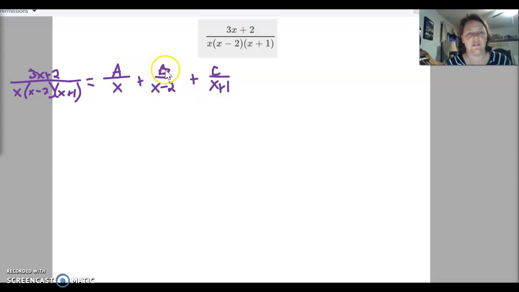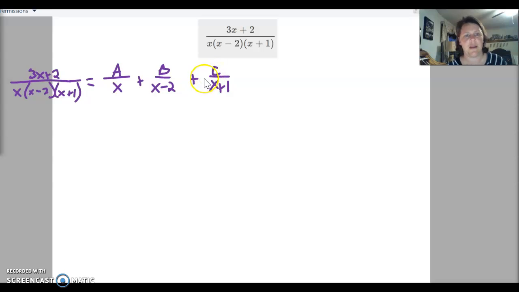Each one of these values, A, B, and C, represents a constant, so no functions up here for any of these. We'll get into more detail about that later, but if we have linear denominator factors, then we're only going to have constants in our numerator.